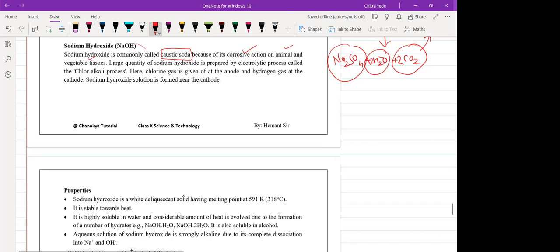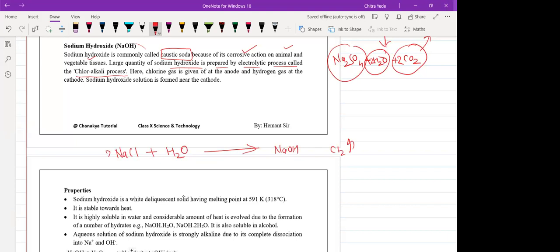A large quantity of sodium hydroxide is prepared by an electrolytic process called the chloralkali process. Here sodium hydroxide is formed by the electrolysis of sodium chloride, NaCl. Sodium chloride, when it reacts with water in the electrolysis process, gives chlorine gas, which is released, and NaOH.